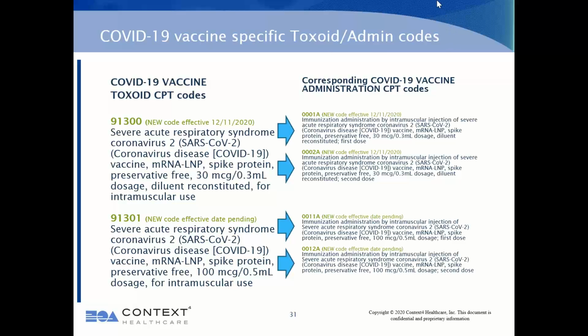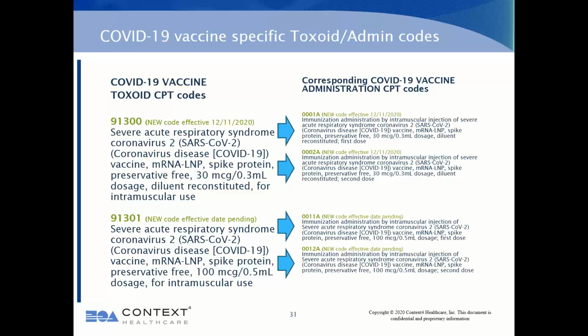Right. So they're giving the Pfizer vaccine as we speak to some people in hospitals around the country. So the toxoid, the vial from Pfizer, should be billed with 91300. And then you're going to have a pair of codes. You're going to have a second code, and that second code is for the work and effort of administering the vaccine.